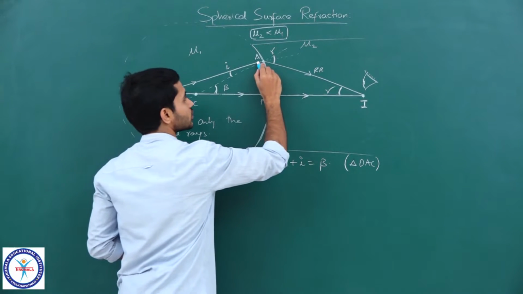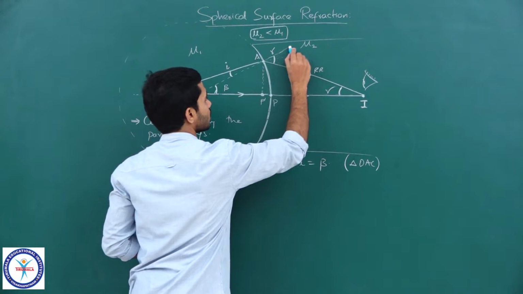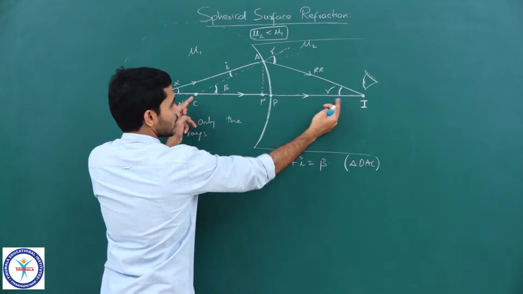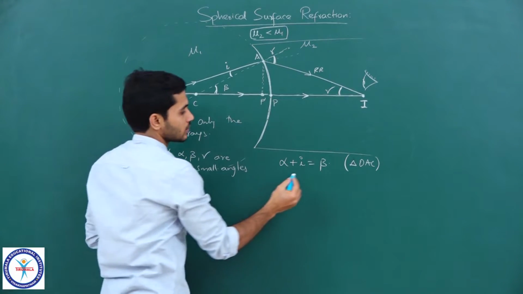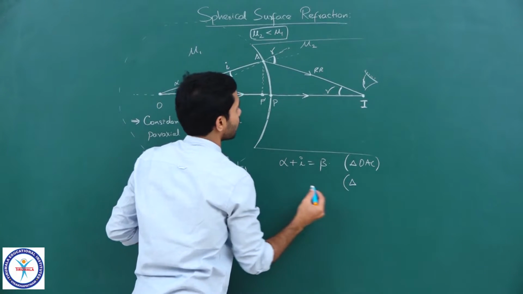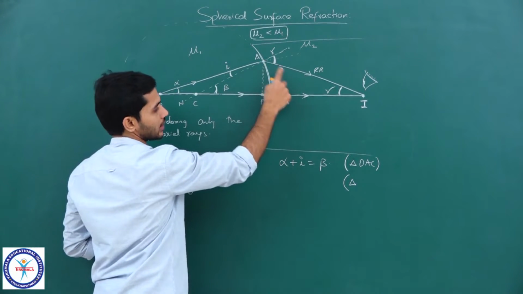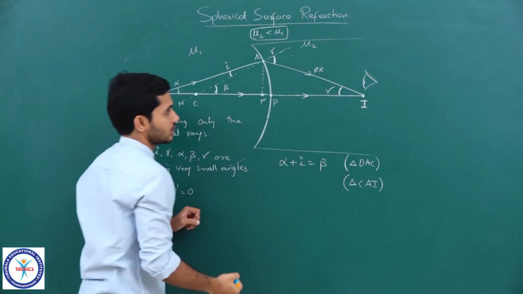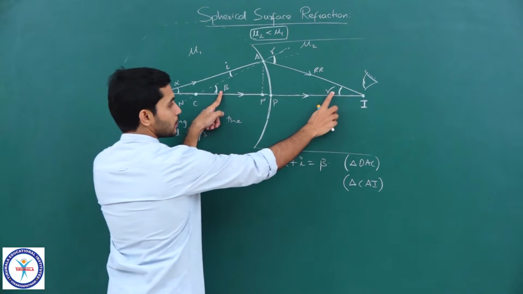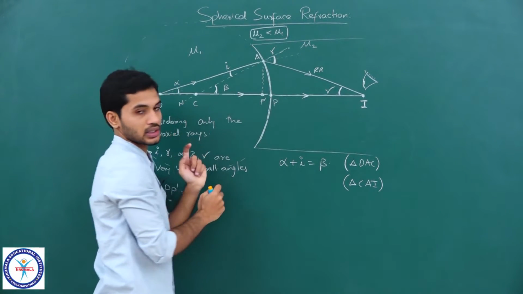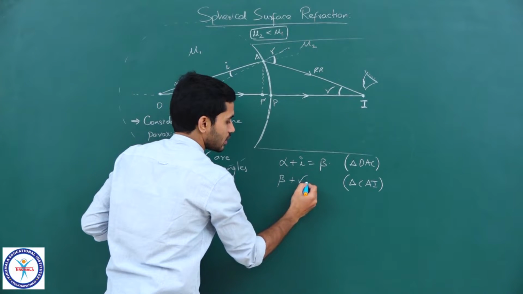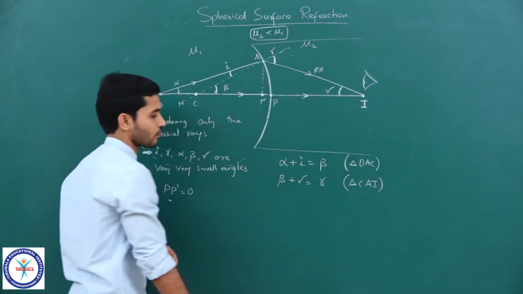So, this R which is formed over here with the normal is the exterior angle for these two interior opposite angles, correct. So, in triangle CAI we can say that beta plus gamma is R, correct. So, beta plus gamma is equal to R.